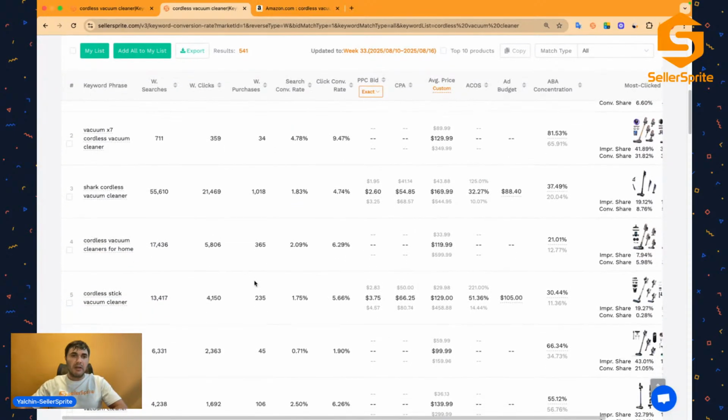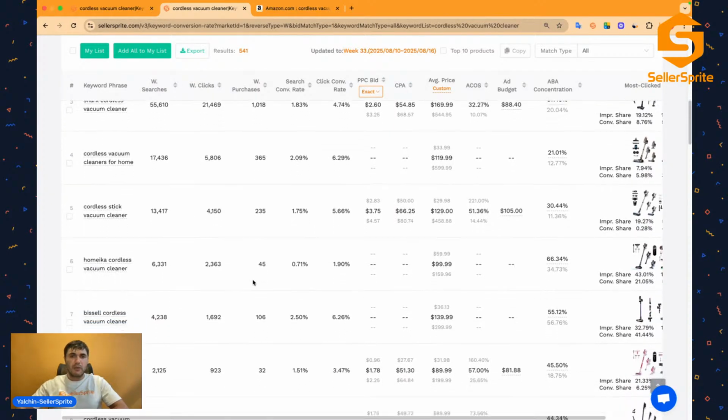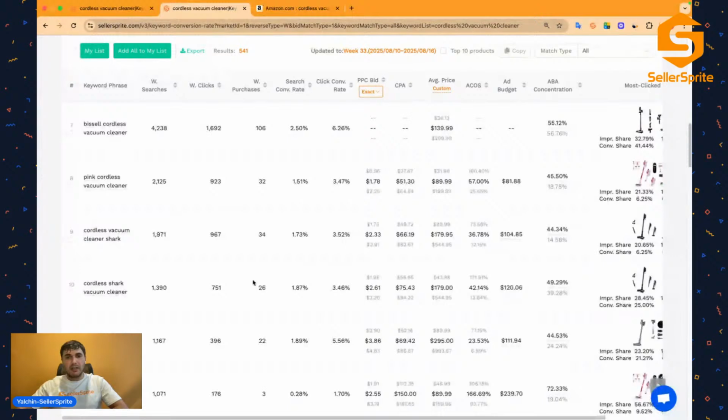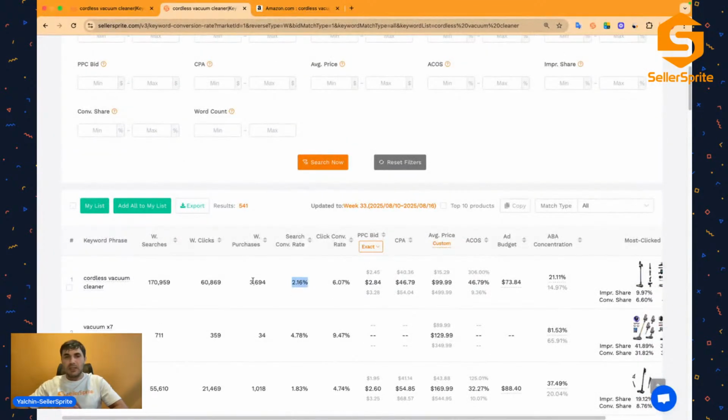Maybe they are searching the exact keyword for pet cleaning, or maybe they are searching the keyword specifically for one reason. And then the keyword conversion rate there will be higher, because this is a good keyword, but it's not for this subcategory. It's not that much defining. It's not an exact long tail keyword.